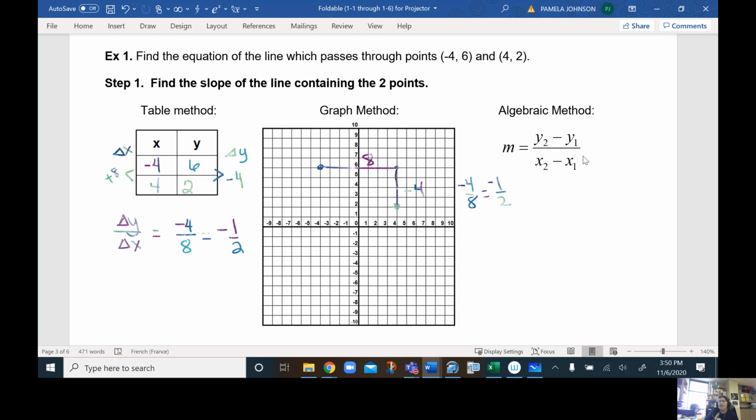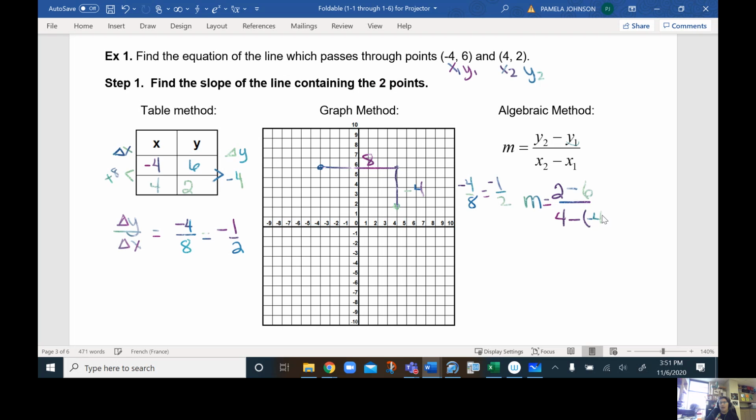And then the third method is the algebraic method. We're going to put it into the slope formula. I'm going to label my points as x1, y1, and x2, y2. That way it makes it easier for us to remember where they go in the formula. So slope equals y2, which is 2, minus y1, which is 6, over x2, which is 4, minus x1, which is negative 4.